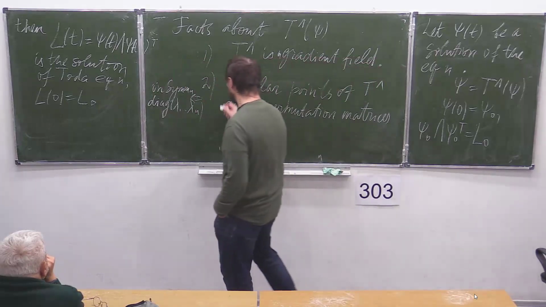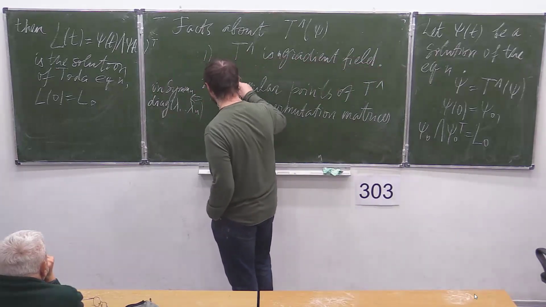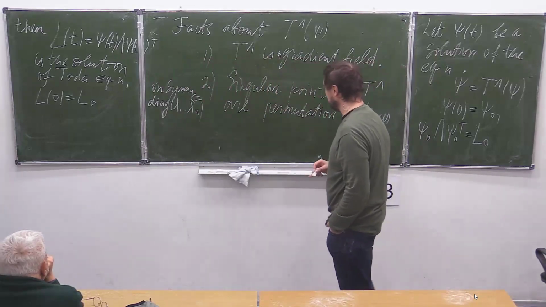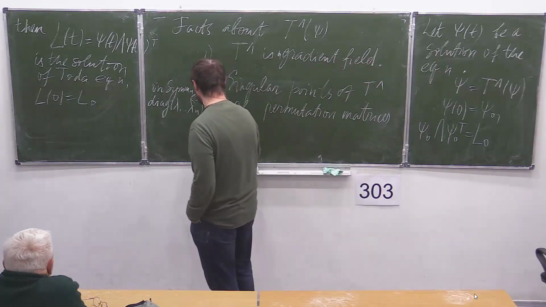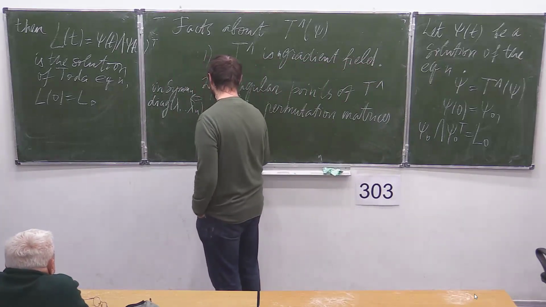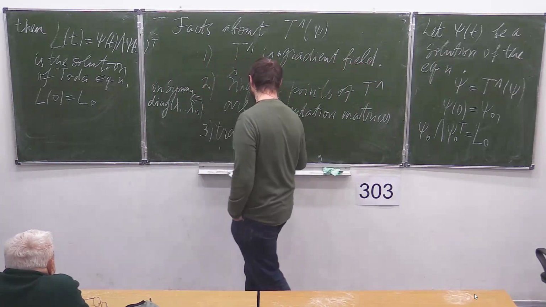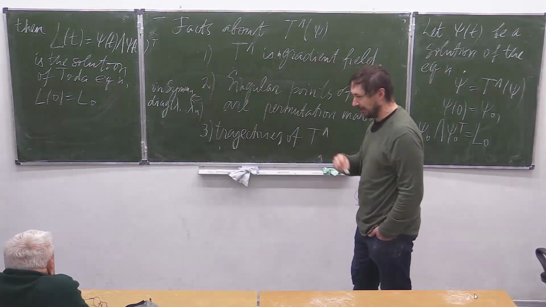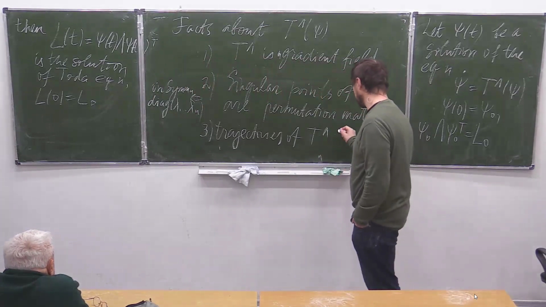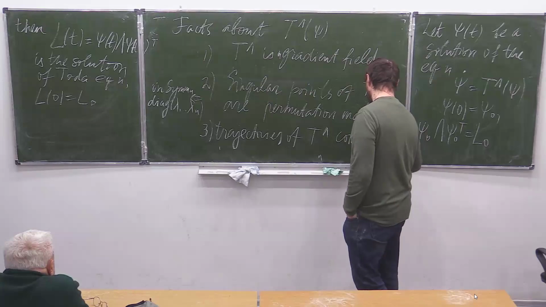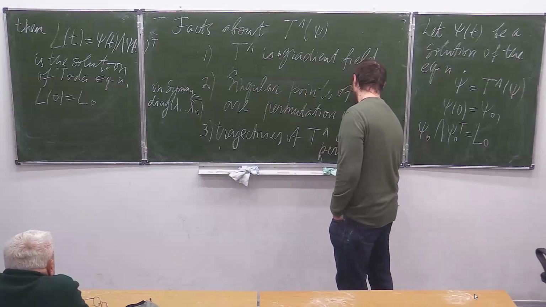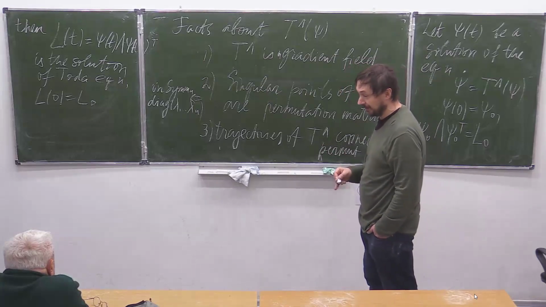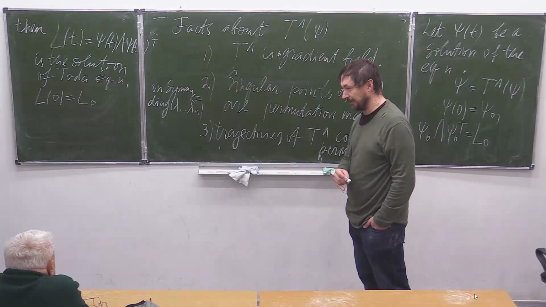It follows from the gradient properties and this observation that the trajectories of T lambda always go from one permutation to another, as the time goes from minus infinity to plus infinity.